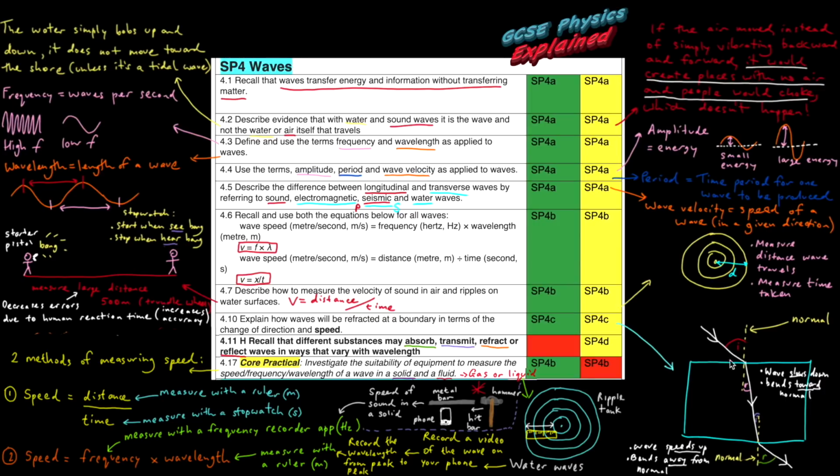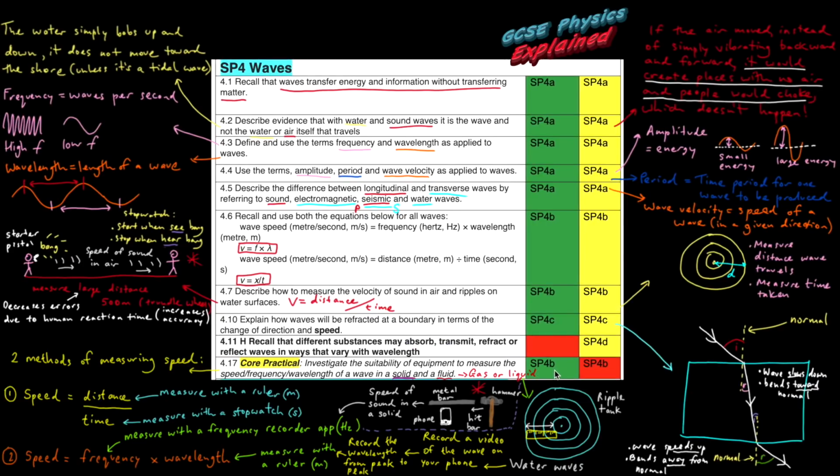So just remember, if it slows down, it bends toward the normal. If it speeds up, it bends away from the normal. And the normal is an imaginary line that we draw at 90 degrees in order to see what the angle is between the ray and the normal, so we can compare. I is angle of incidence, R is angle of refraction.